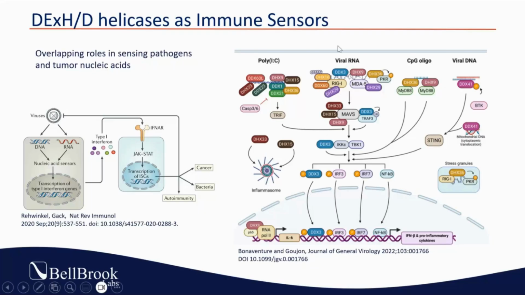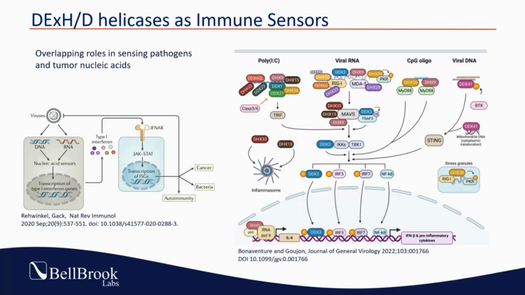So this is the big picture here, and the purpose of this is not to commit this to memory, but just to show you that these RNA helicases, DEAD-box helicases, are deeply entrenched and involved in pretty much all aspects of the immune response to nucleic acids, because of the overlapping roles and the yin and yang of the immune system.